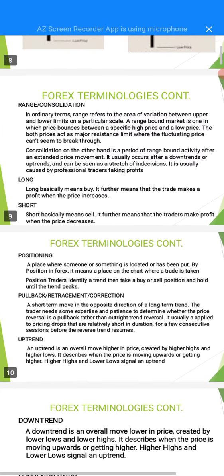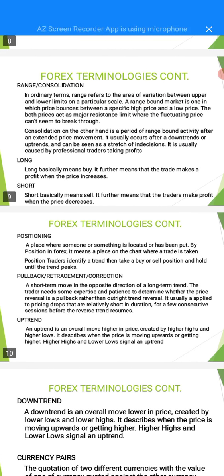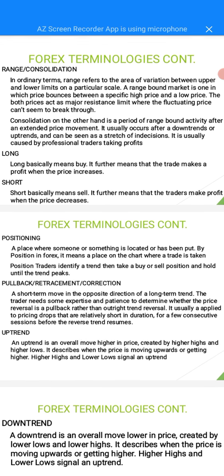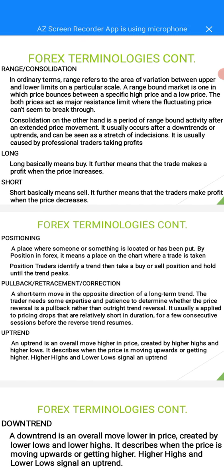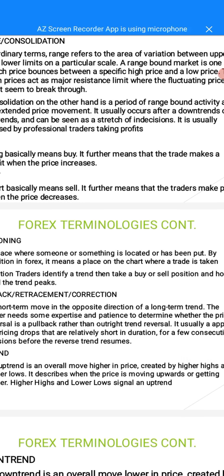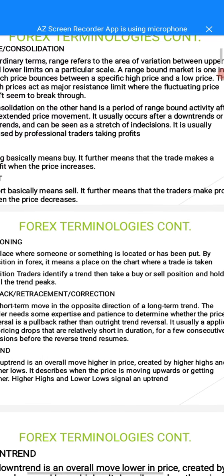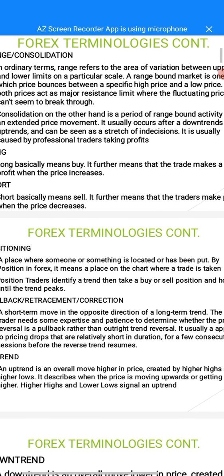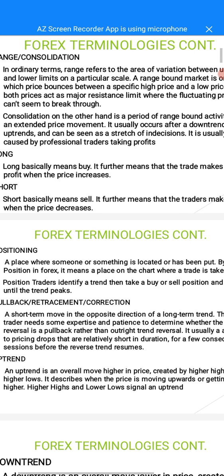The next concept we are going to be talking about is range or consolidation. In ordinary terms, range refers to the area of variation between upper and lower limits or on a particular scale.